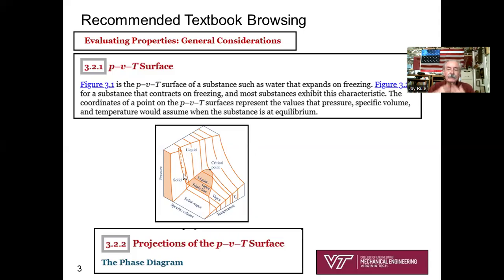Further in the textbook, section 3.2.2 covers projections of the PVT surface, because we as engineers, when graphing on pencil and paper, typically don't draw three-dimensional sketches. We draw two-dimensional sketches, or in other words, two coordinates at a time out of those three. So that's what's coming ahead.